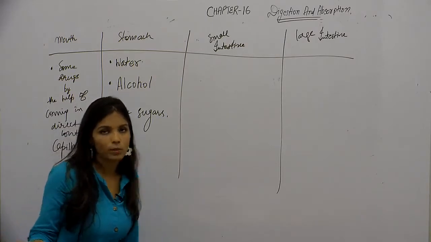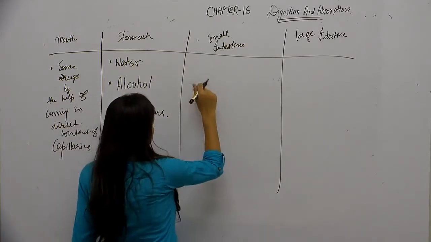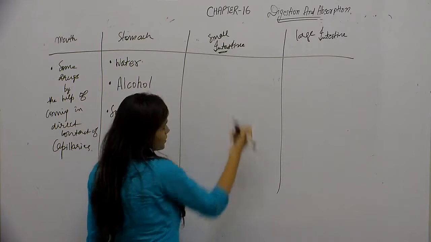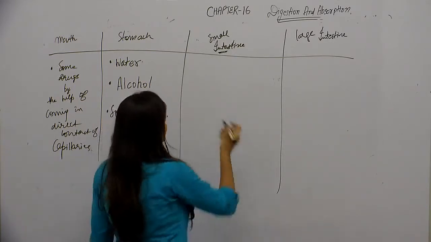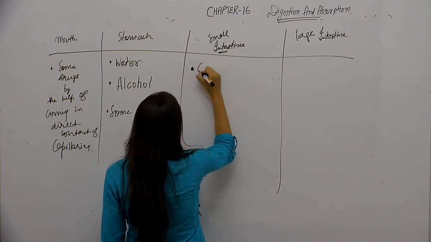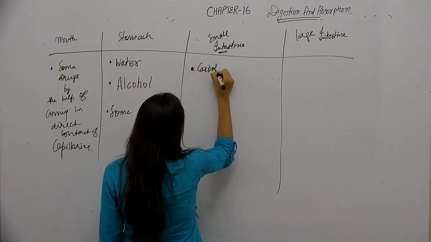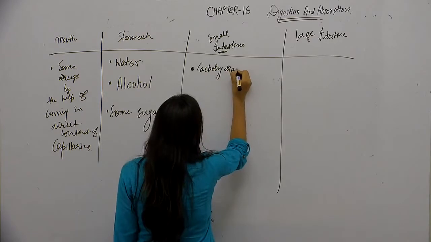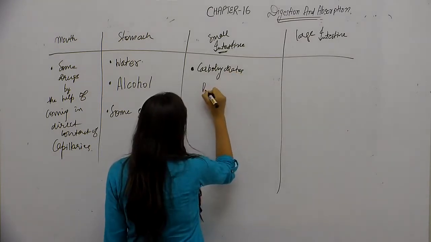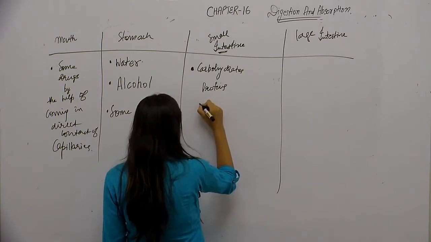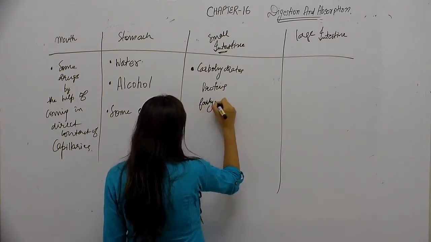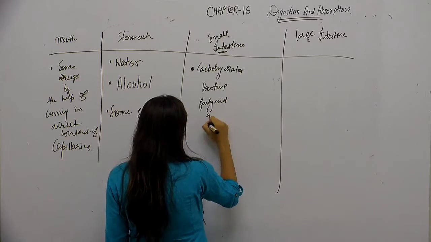Here let's see what happens. We've already studied that the small intestine is the hub of all the absorption that occurs, that is carbohydrates, proteins, fatty acids, glycerol.